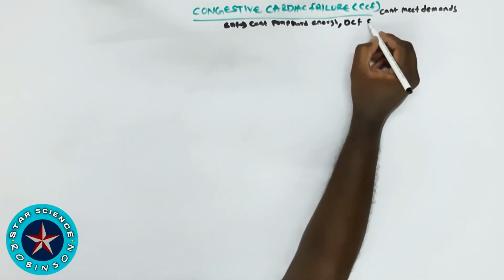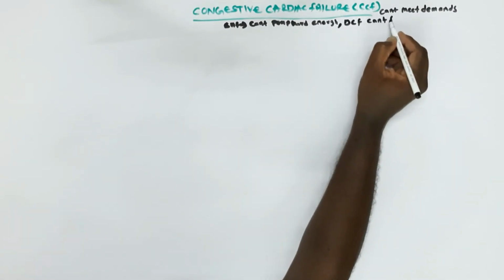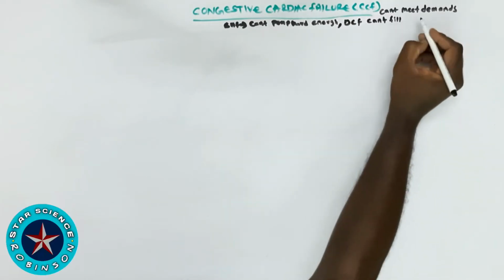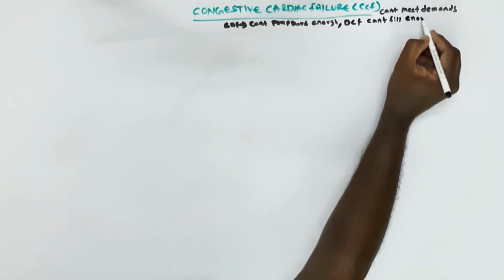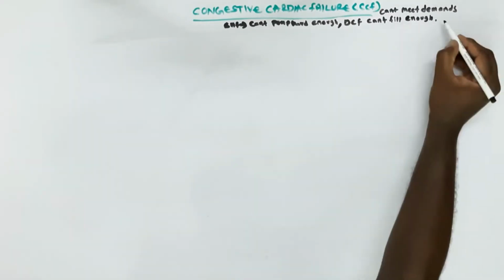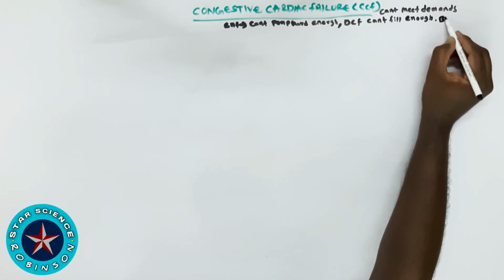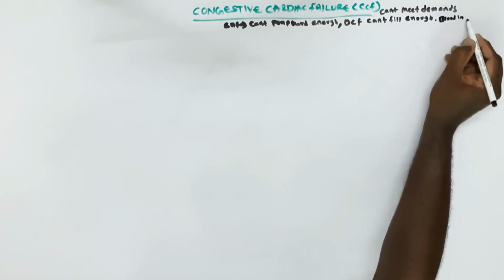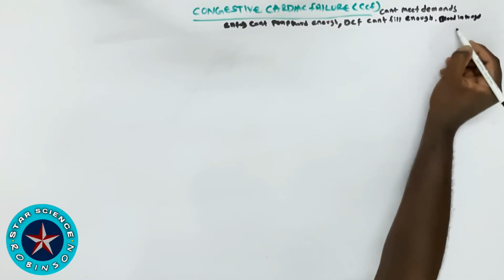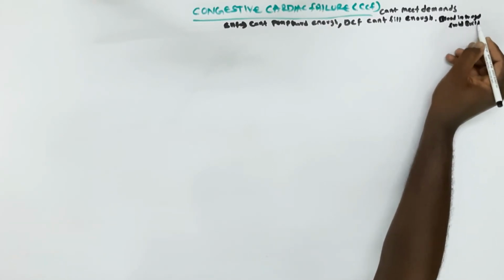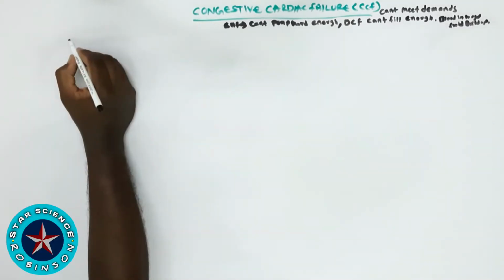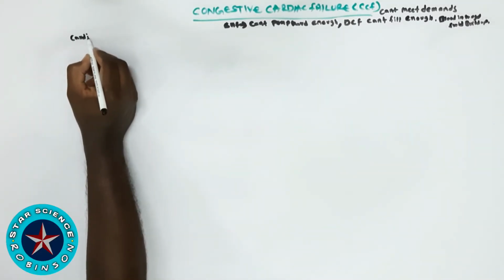In diastolic heart failure, it can't fill with enough blood. These are the two things we have to remember. Because of these, there will be blood in the lungs, so congestion, fluid buildup in the lungs. This is what we have to remember about this particular phase.